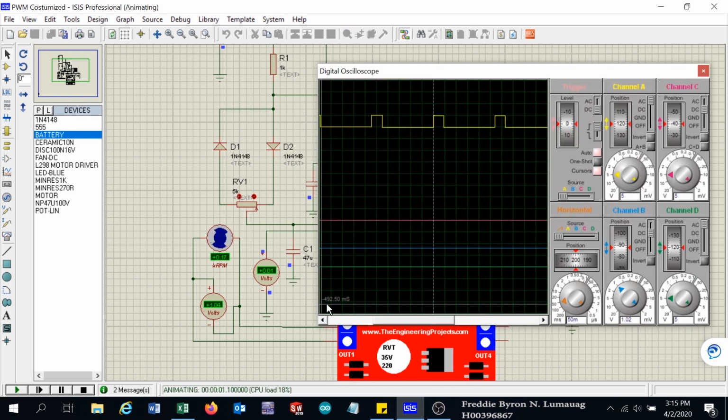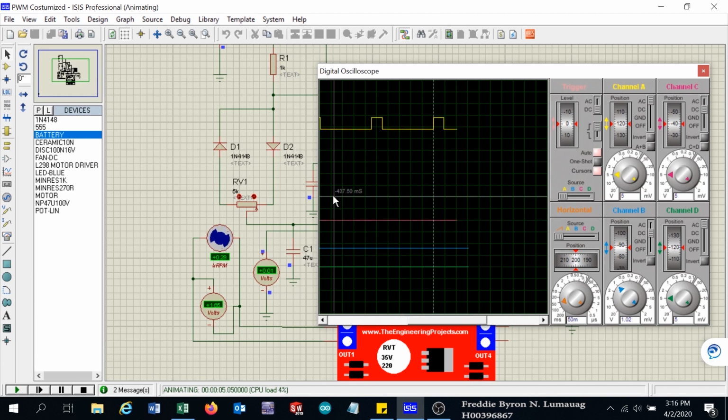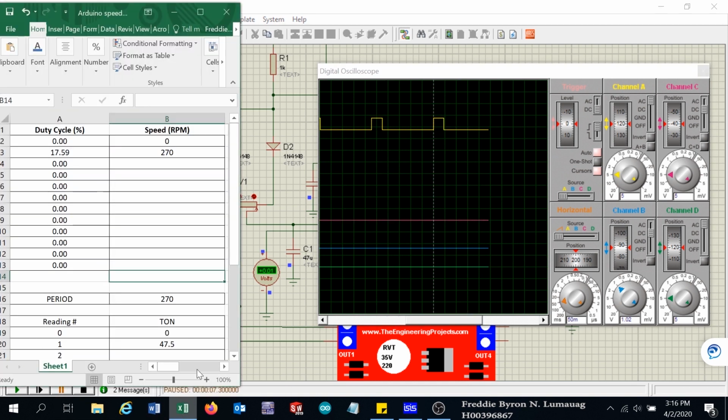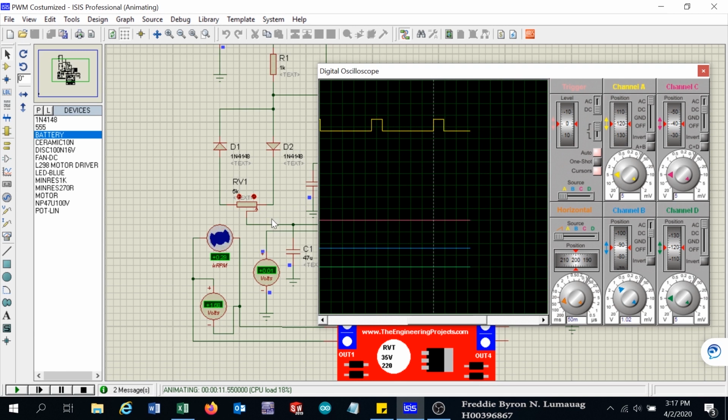That is the minimum speed. Of course, if the duty cycle is 0, we can put 0 here in the Excel file, and that is the minimum position of the potentiometer.